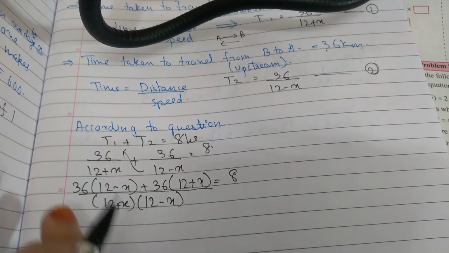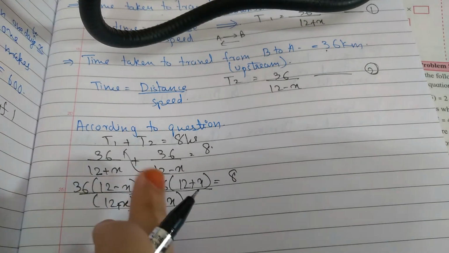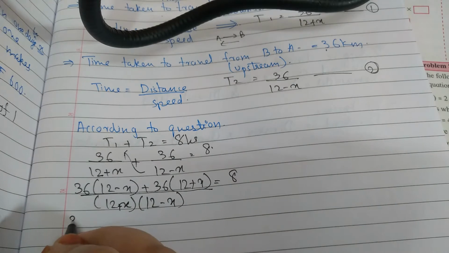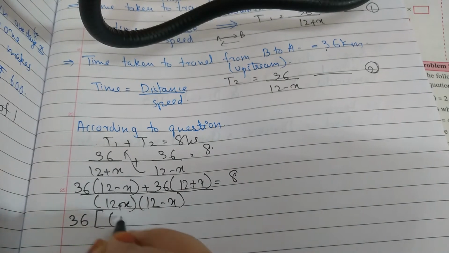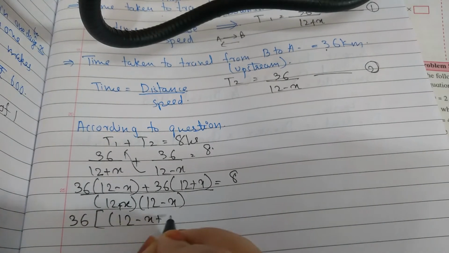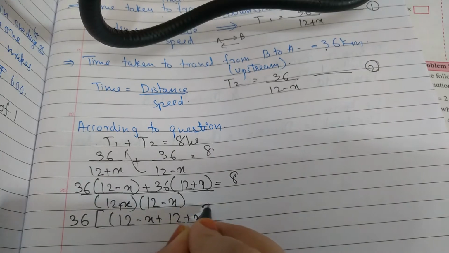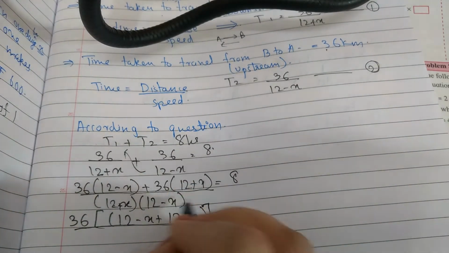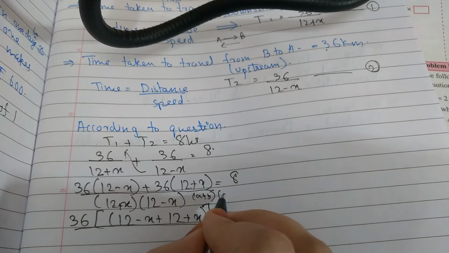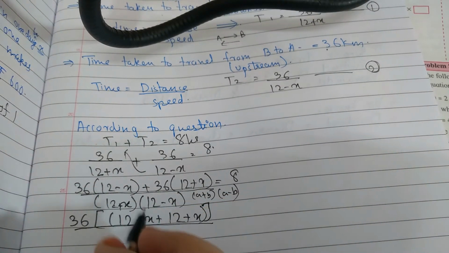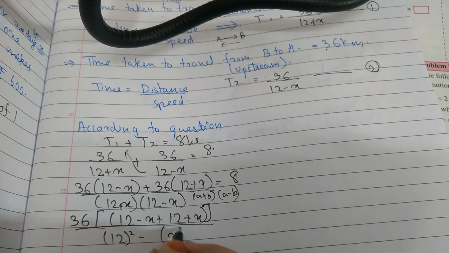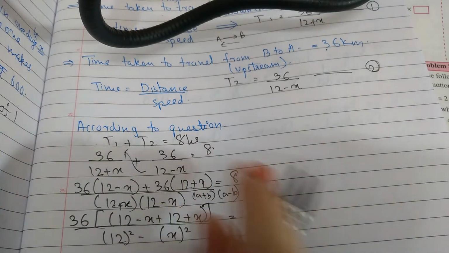Now we can take 36 common, so it will be 36 times the bracket 12 minus x plus 12 plus x, divided by, using the formula a plus b, a minus b, which gives a square minus b square, that means 12 square minus x square, is equal to 8.